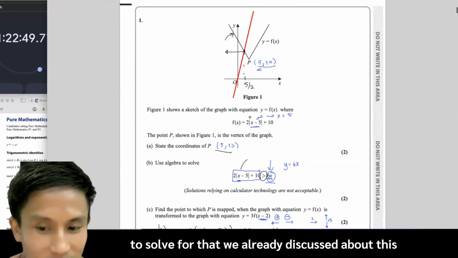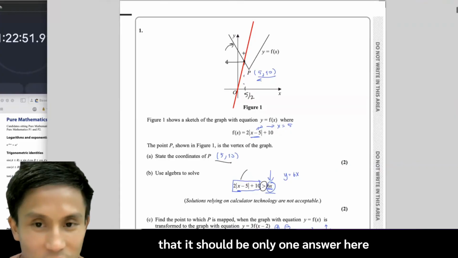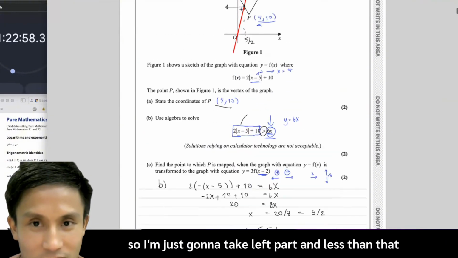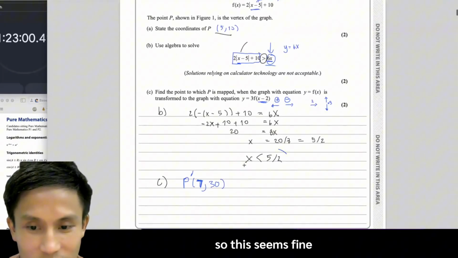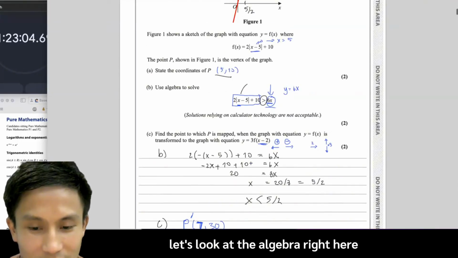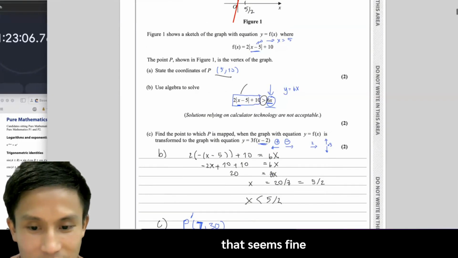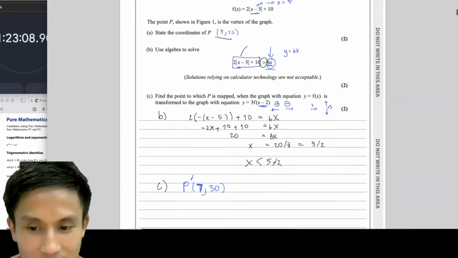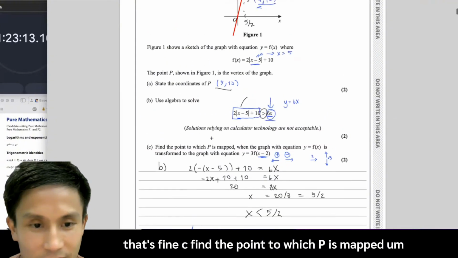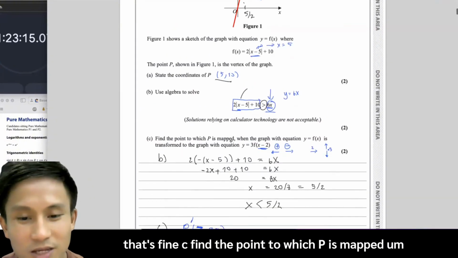We already discussed this, that it should be only one answer here. Yeah, because it won't cut up there. So I'm just going to take the left part and less than that. So this seems fine. Let's look at the algebra right here. That seems fine. 4, 5, 4, 2. Yeah, that's fine. C, find the point to which P is mapped.